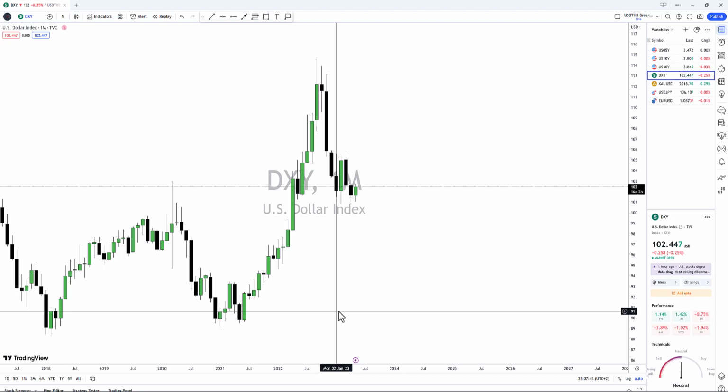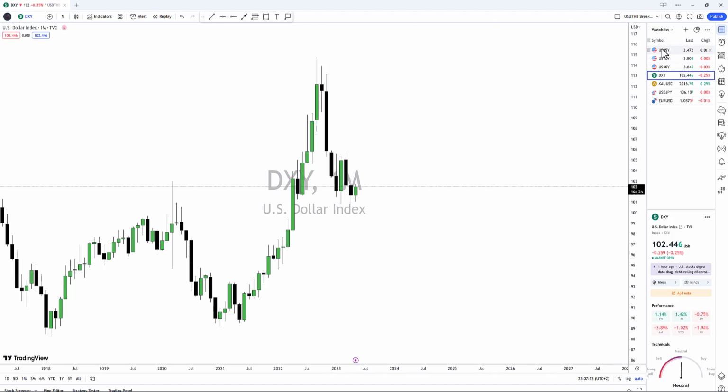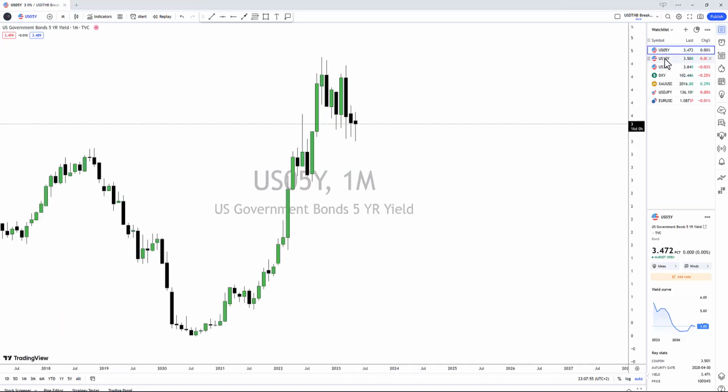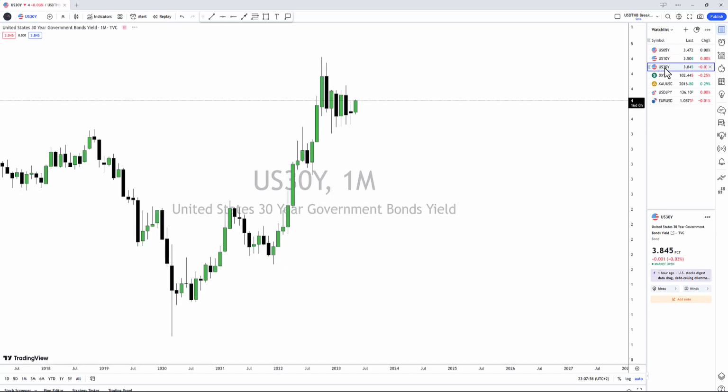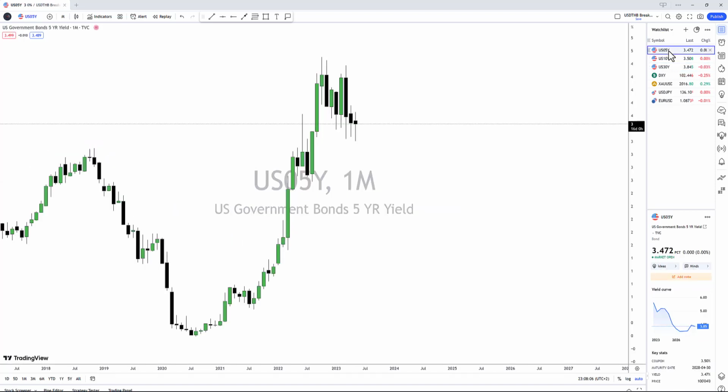So what I'm going to do today is look at the three most important interest rate triads, that's to say the 5-year, the 10-year and the 30-year government bond yields, right?